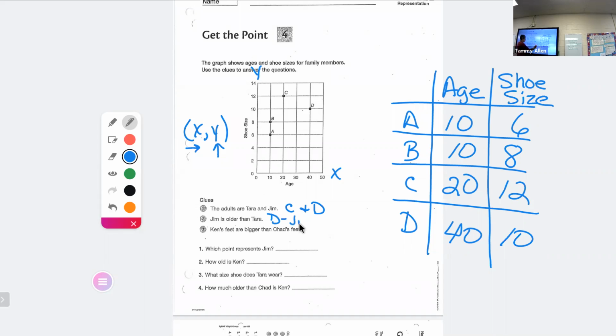All right. So that means what else? I was going to say, because 40 minus 20 is C who's older. Okay, but do we need to subtract? No. Okay. What else does that tell us? Here, Tara has to be C then. Okay.